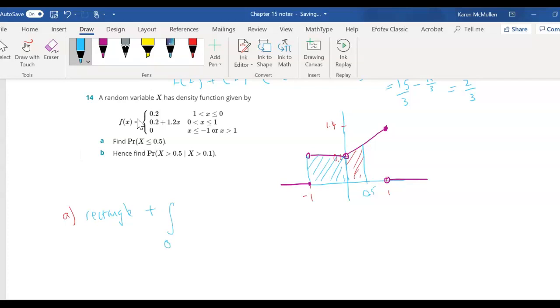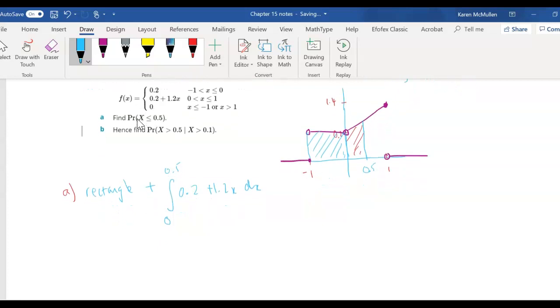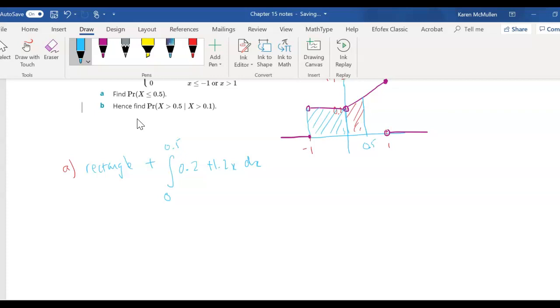So 0 to 0.5, and where our function is 0.2 plus 1.2x dx. What we could have done actually is 1 minus what we didn't want. That would have probably been an easier way.